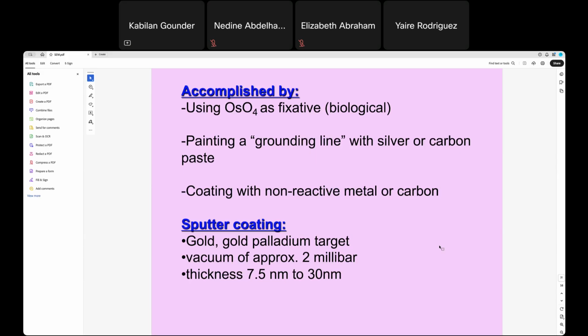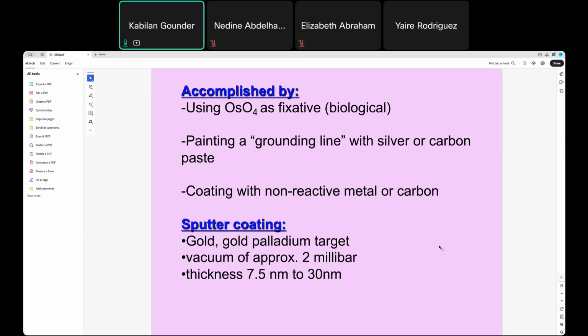So the sputter coating, how we are coating the samples. There are several ways to coat, with a gold or gold palladium target. It is also a small instrument, and the vacuum is built to approximately 2 millibar.